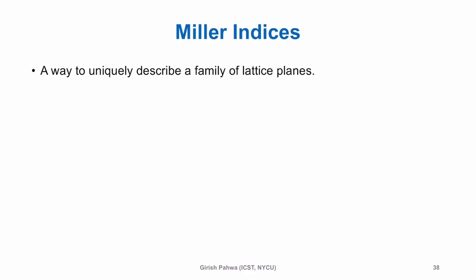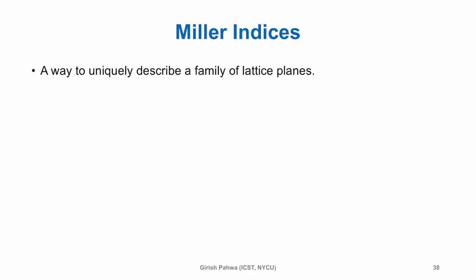It's a way to uniquely describe a family of lattice planes. I'm just going to describe the procedure for how to calculate the Miller indices. I won't go into the logic behind why this procedure looks like this. You can go and check, but we'll only talk about the steps involved, and that's enough for us.